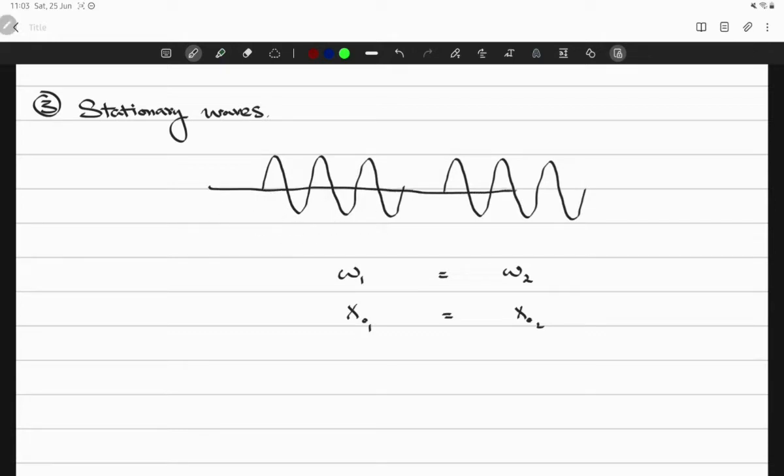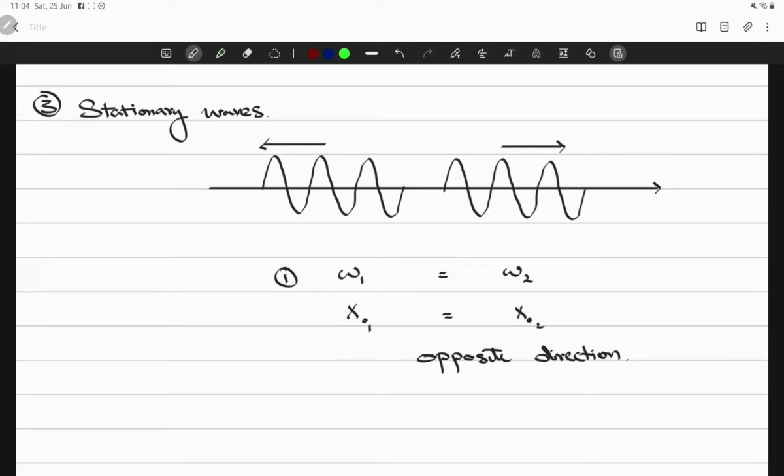However, if one is moving in this direction, then the other one should be moving in the opposite direction. So the directions should be opposite to each other. So whenever you see something that fulfills all of these three conditions together, then we say that the resultant wave would be a stationary wave.